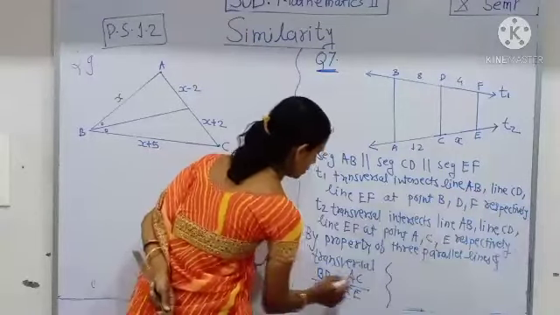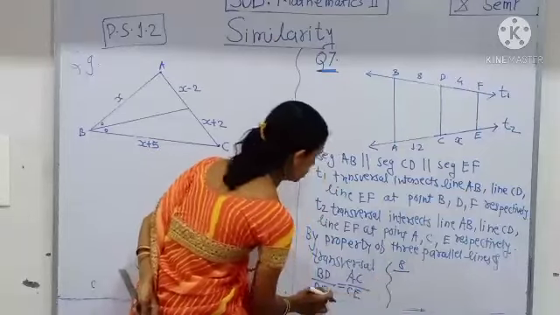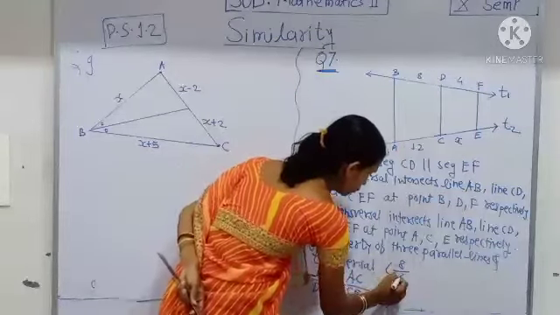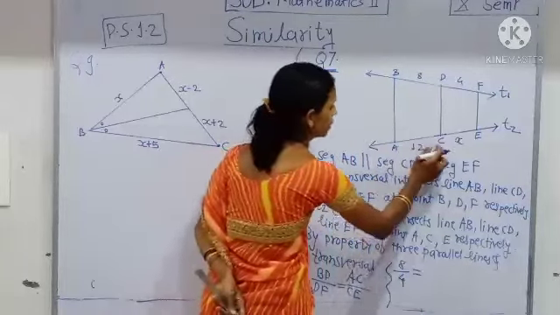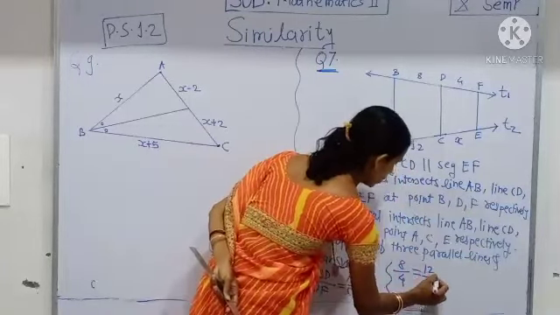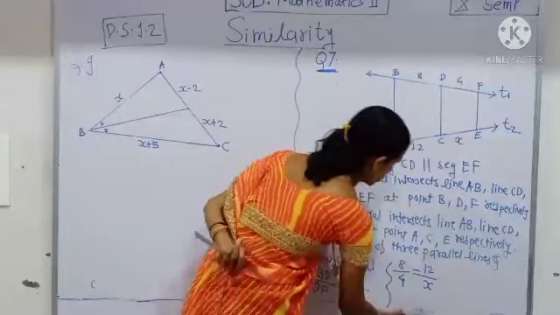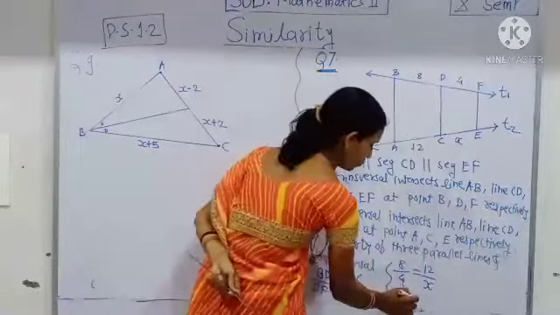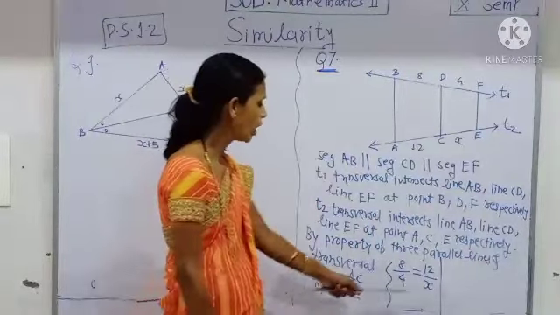That is, BD is given here 8 upon DF, that is 4, is equals to AC is given here 12 upon CE, that is X is given here.